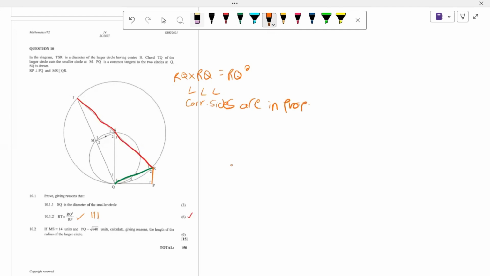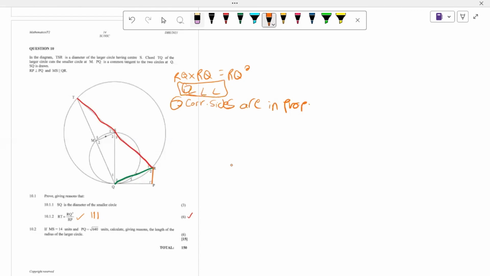But since we are dealing with angles, because it's Euclidean geometry and we don't have sides, we are going to prove it by angle, angle, angle. Then once we have proved angle, angle, angle, we can go to our sides.